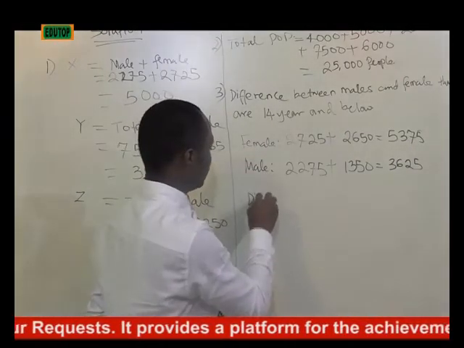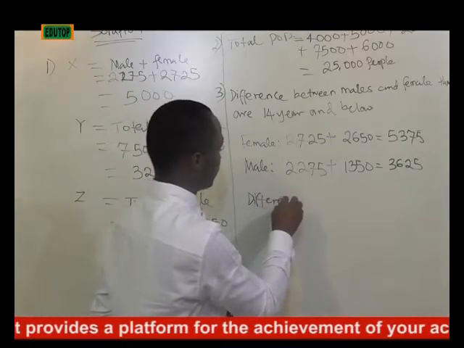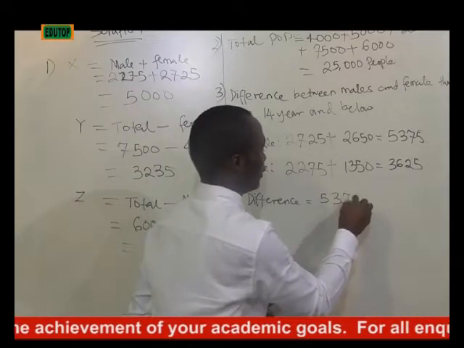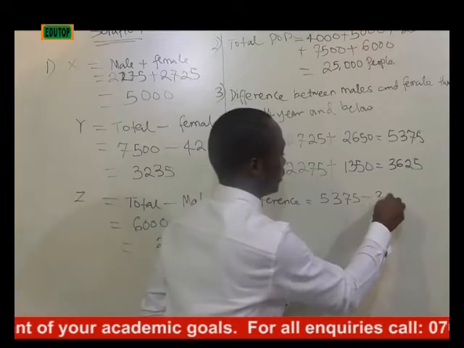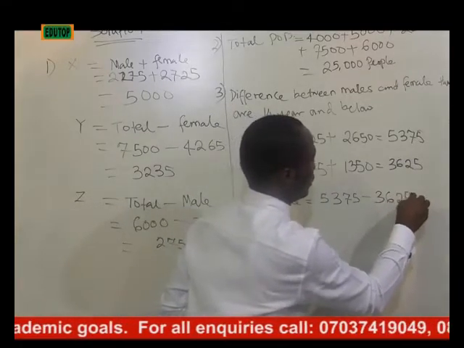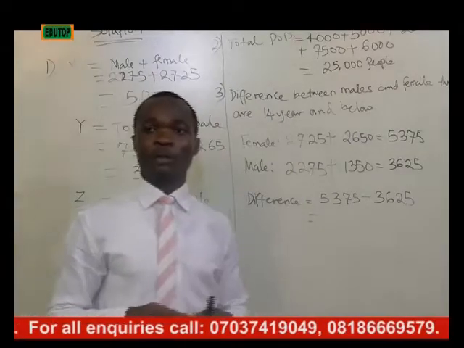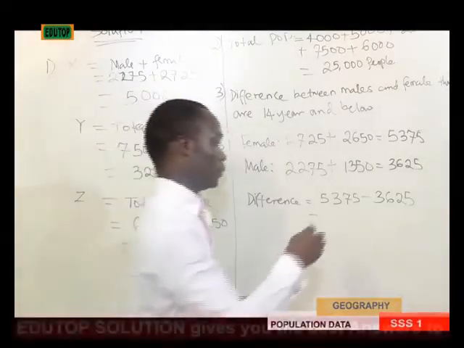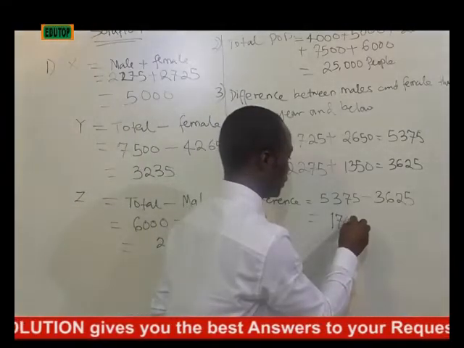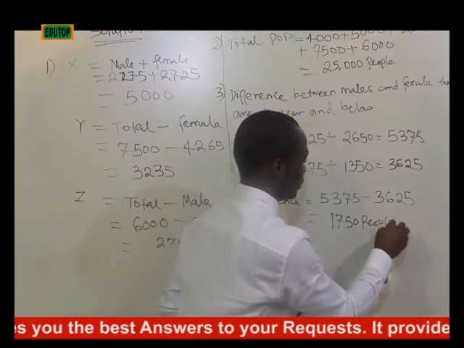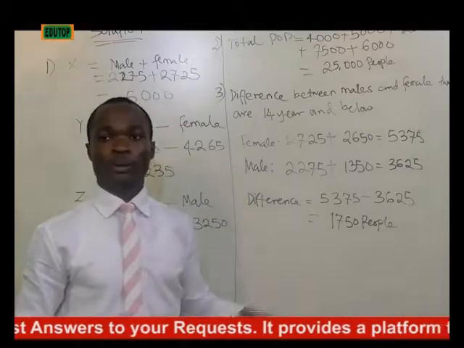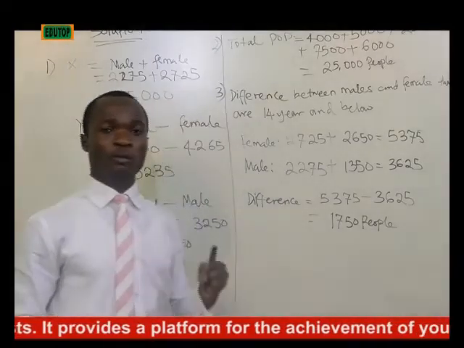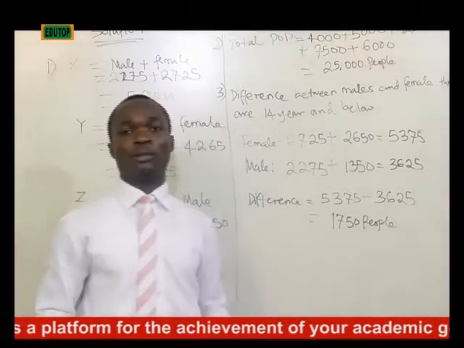So the difference will be 5,375 minus 3,625, and that will give us 1,750 people. So this is the difference between male and female who are aged 14 down to 0.